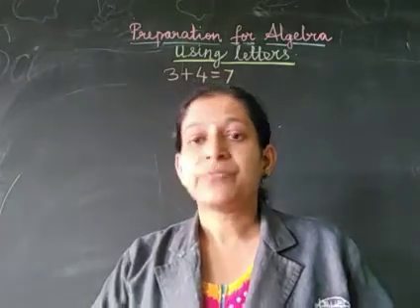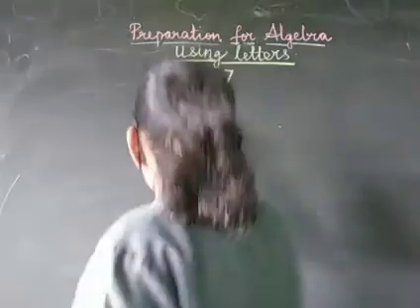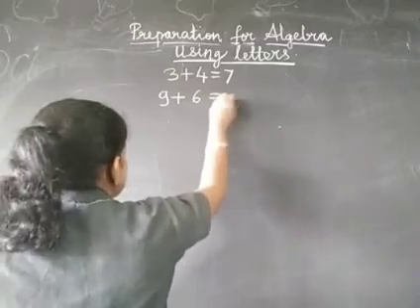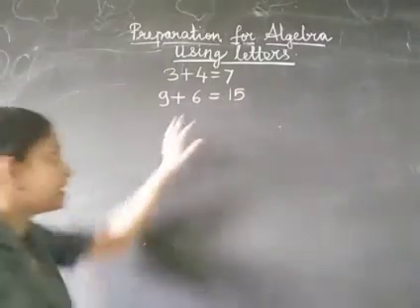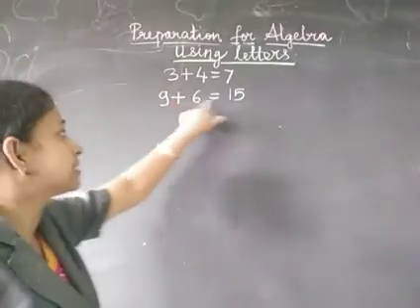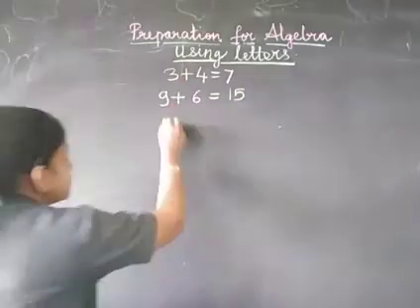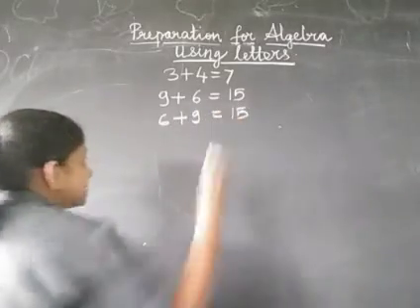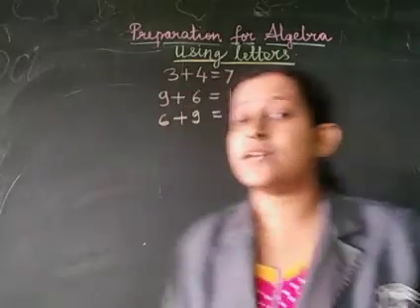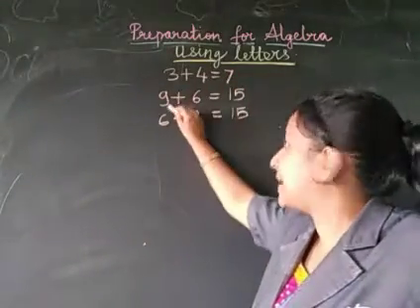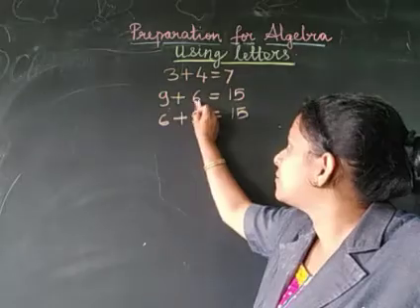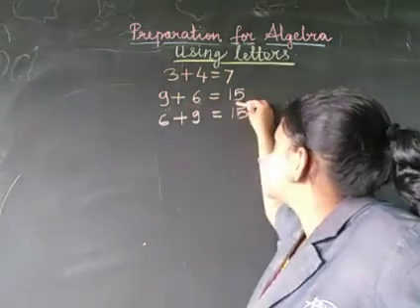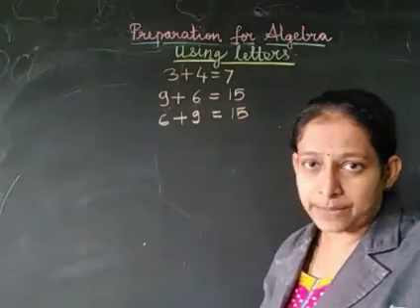For example, when we write 9 plus 6 is equal to 15, we can also write this as 6 plus 9 is equal to 15. Isn't it, students? Yes, because we learnt last time that in addition, if the order of the numbers is changed, even then their sum remains the same.